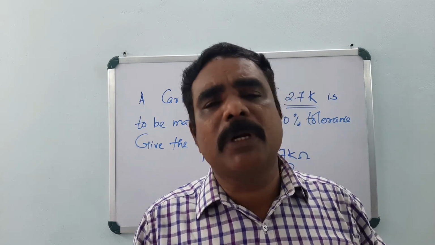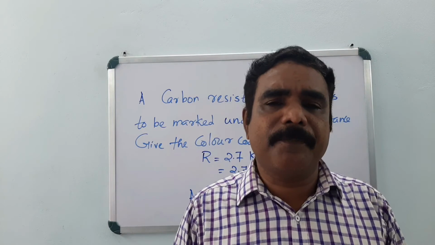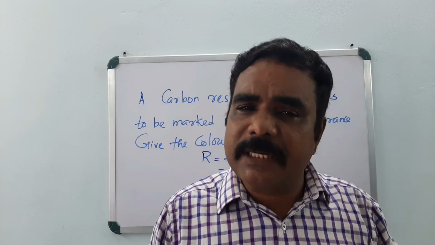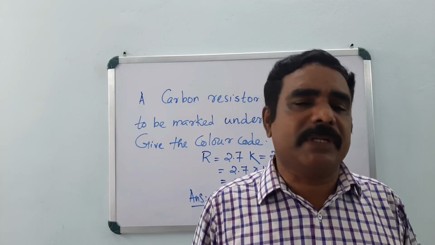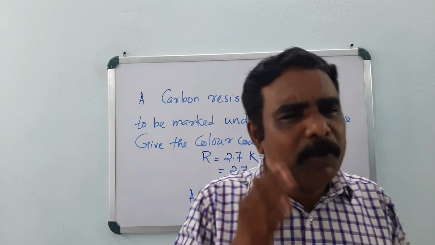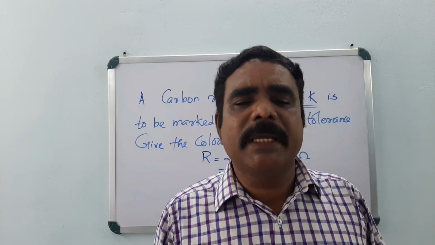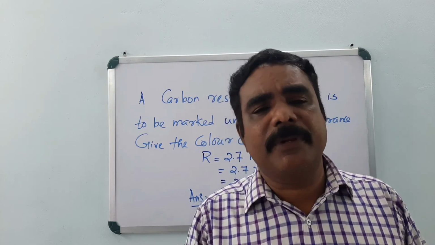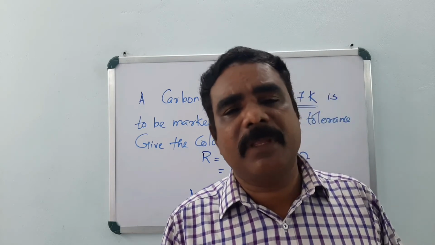Now, this is about color code with 4 colored rings. As I said in the beginning, our syllabus is confined with this discussion. And some of you might have developed a doubt by this time. If instead of 4 colors, what would happen if 5 colors are given?